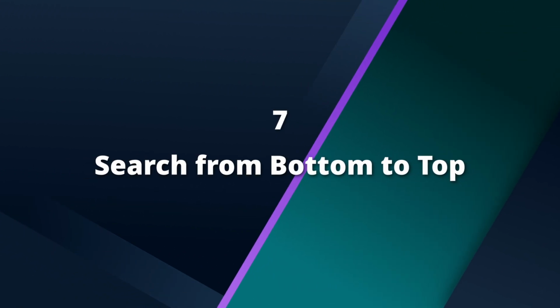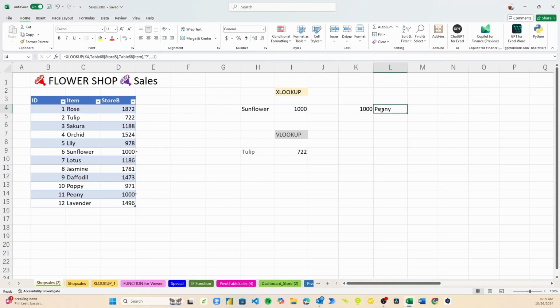7. Search from bottom to top. XLOOKUP also lets you search from bottom to top. VLOOKUP could only search from top to bottom, so this is a great improvement for certain tasks. There are two values with the sales value of 1000. New data is entered toward the bottom.